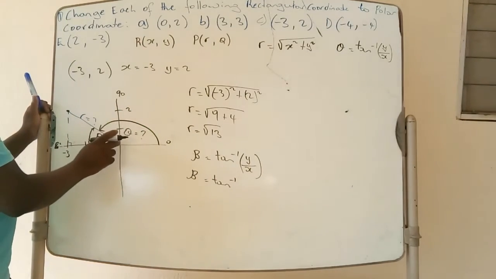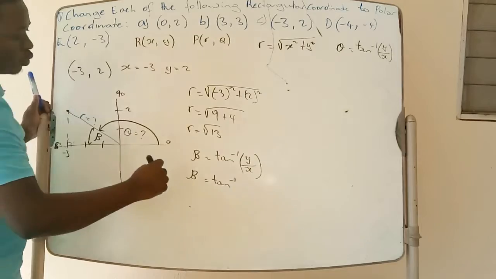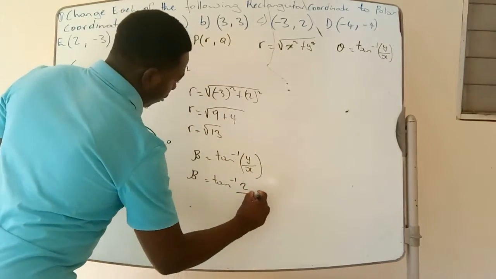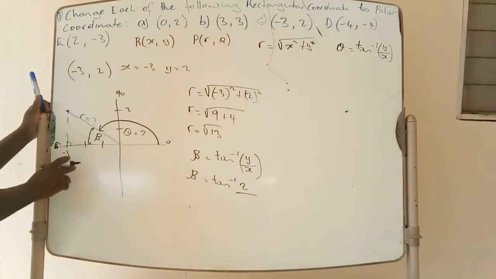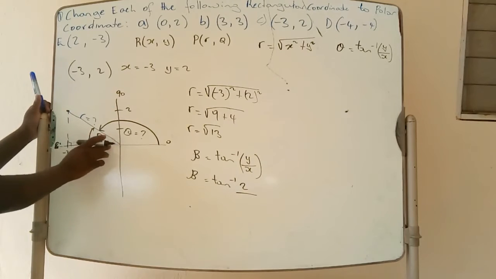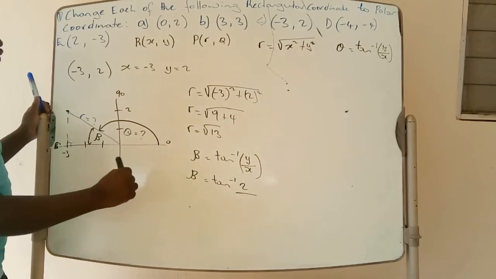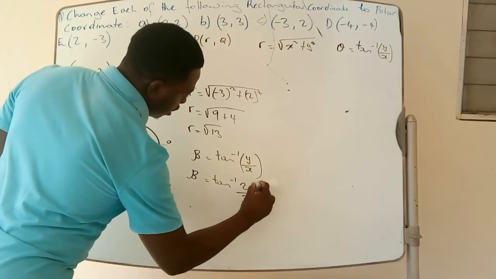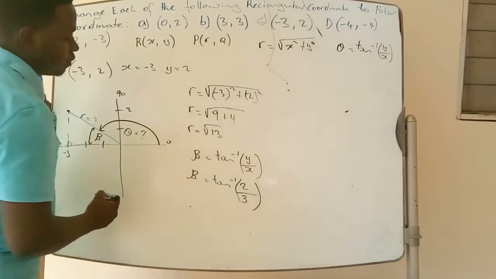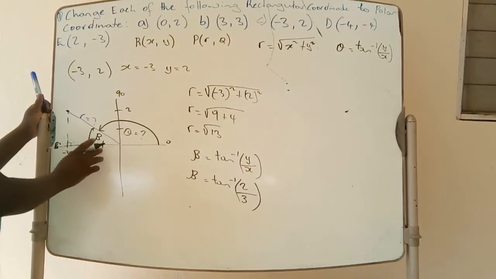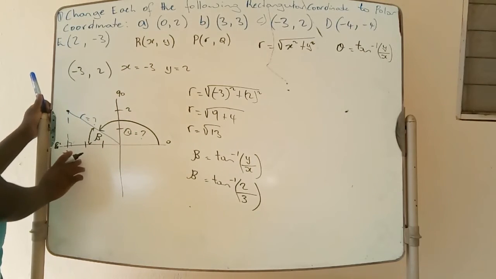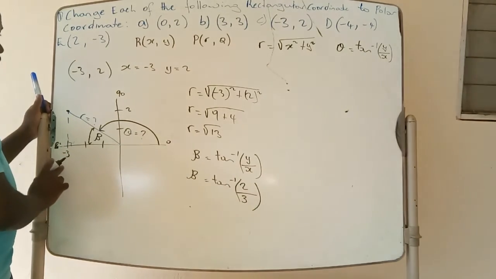Y is just the y value, right? Which is 2. What is x? We want the length of this triangle up to this point. So what we're going to do, we're going to use the absolute value of negative 3. So we're going to use 3. So that's just 2 over 3, right? Because we don't measure length in negative numbers. It's always positive, alright? So that's why I use the absolute value of negative 3.